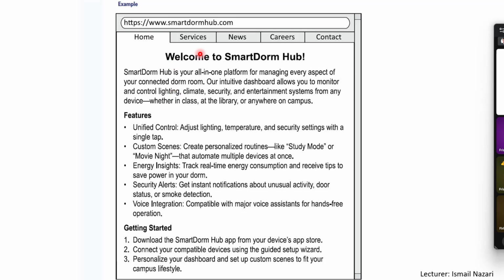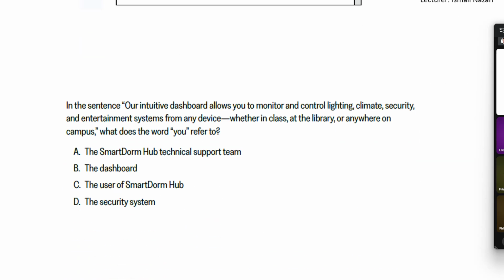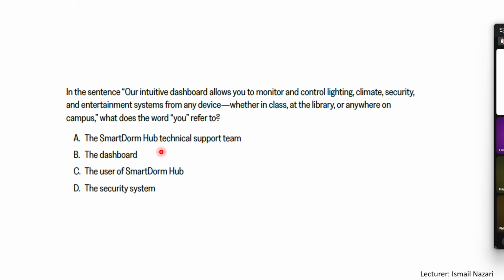So here, when it says welcome to that, exactly, it is an introduction to help the users understand what the Smart Dorm app is and how it is improved. And then it gives the features of that. So from the text, you can easily guess that one. We don't have a direct reference for this, and we need to implicitly find out what the word is referring to.